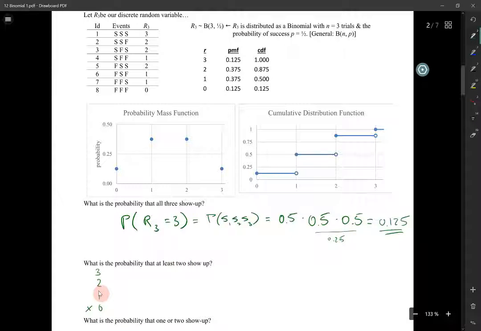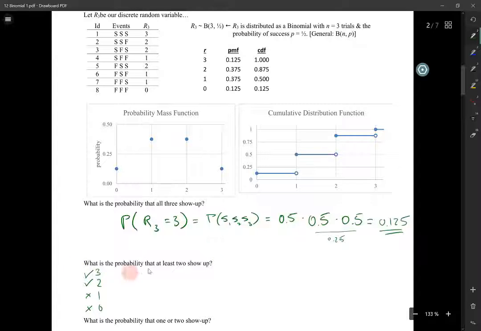What about if 1 shows up? Is that at least 2? No. What if 2 show up? Yes, that would be true for this case that at least 2 showed up. And then also, what if 3 showed up? Would it be the case that at least 2 showed up? Yes.